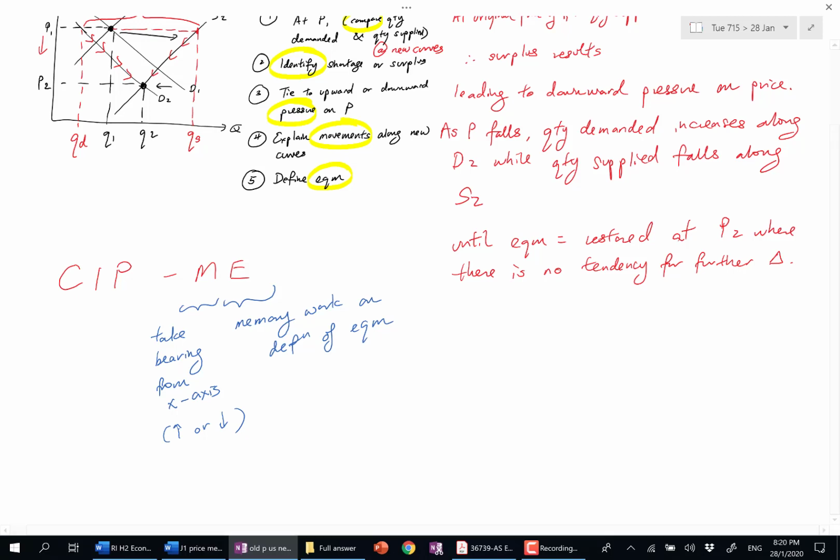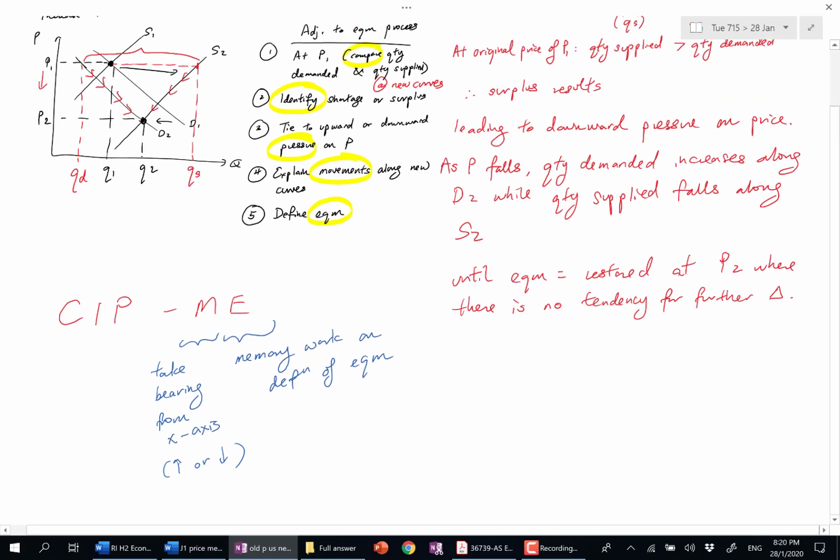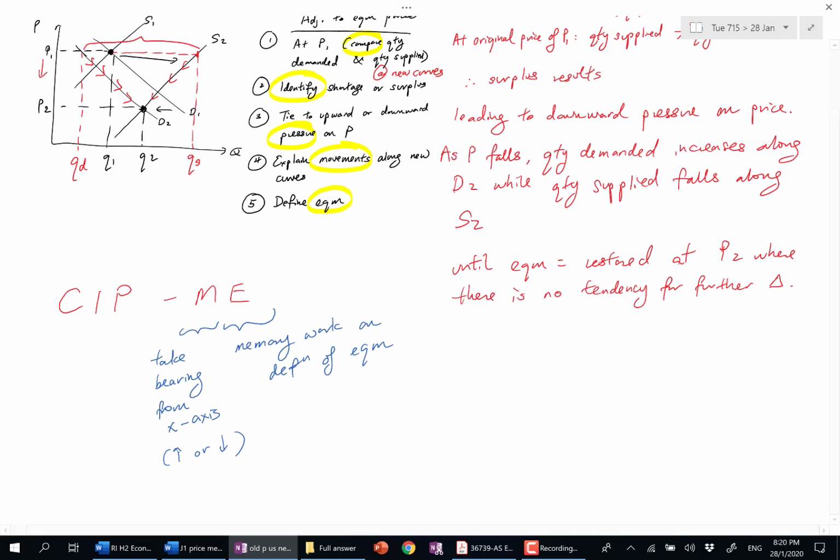A rightward movement is an increase, a leftward movement is a decrease. Okay? Then the pressure: shortage leads to upward pressure. Surplus leads to downward pressure.